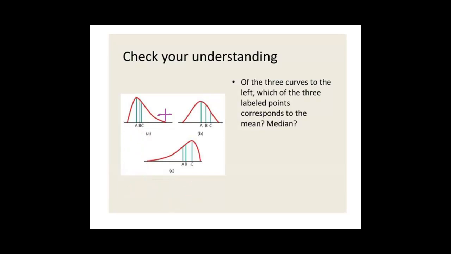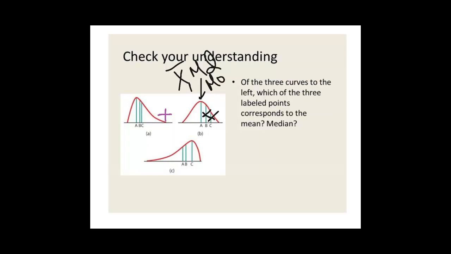In curve B, I see that it's symmetrical, and therefore the only things on here that matter are matched up with line A. And that's going to be the mean and the median because it's symmetrical, and assuming it has one, also the mode. So B and C don't match anything.